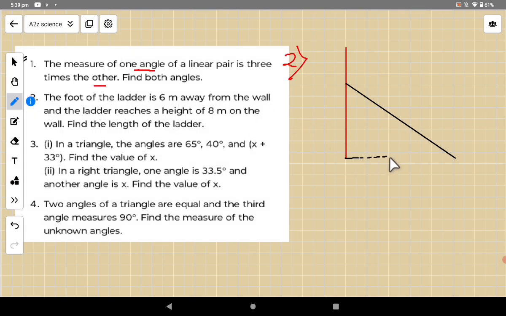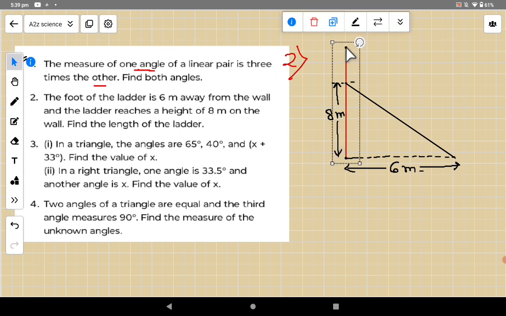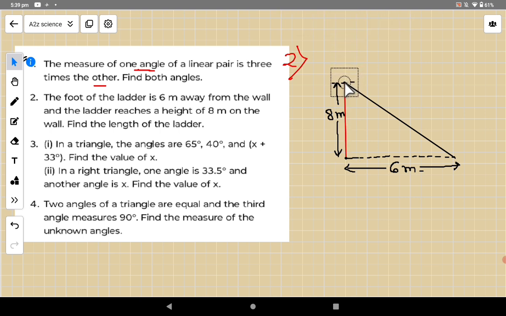That means the distance of the ladder from the wall is 6 meters, right? The ladder reaches a height of 8 meters on the wall. This was the whole wall, and the ladder came up to here. That means this distance is 8 meters. If you want, you can erase the remaining part also, or you can draw directly in this way.